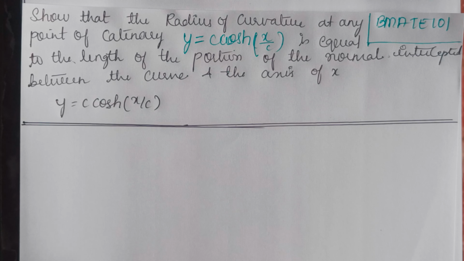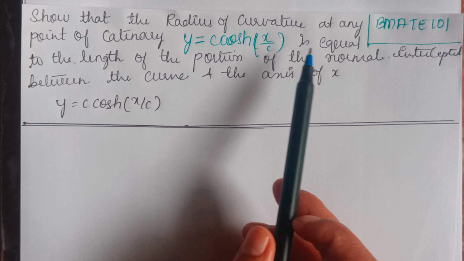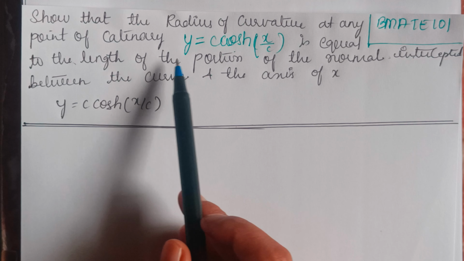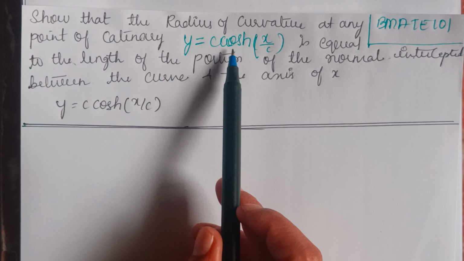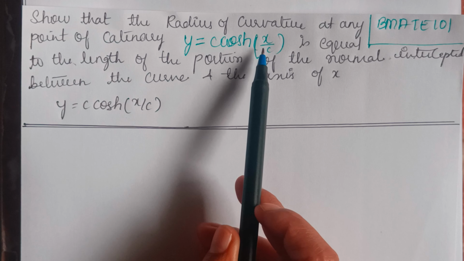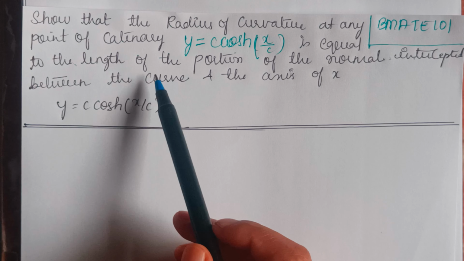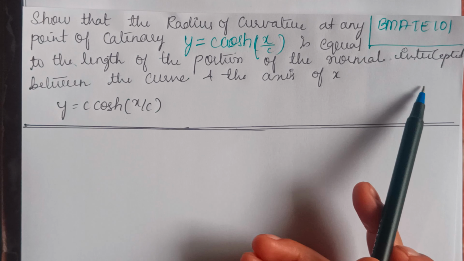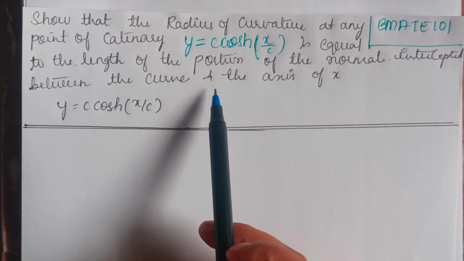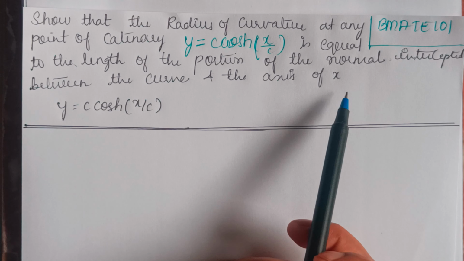In this video we are going to show that the radius of curvature at any point of the catenary y equals c cos hyperbolic of x by c is equal to the length of the portion of the normal intercepted between the curve and the axis of x.